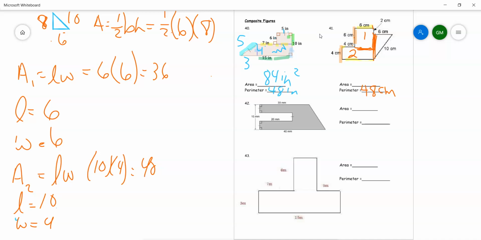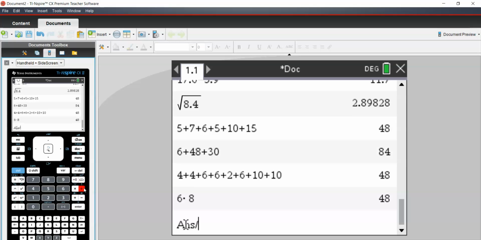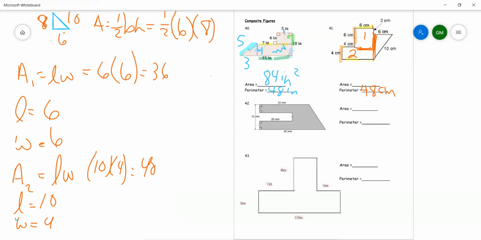Okay, 6 times 8 is 48. And divide that by 2 is 24. Right, so our area for this figure is going to be 24 plus 36 plus 40.